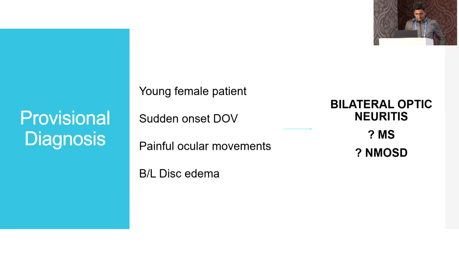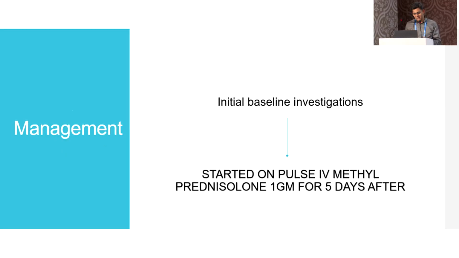At this point, we have a young female patient with sudden onset diminution of vision, painful ocular movement and bilateral disc edema. At this stage, our provisional diagnosis was bilateral optic neuritis, query MS or neuromyelitis optica spectrum disorders. We promptly started our patient on pulse IV methylprednisolone 1 gram for 5 days while we were waiting for blood investigation results.